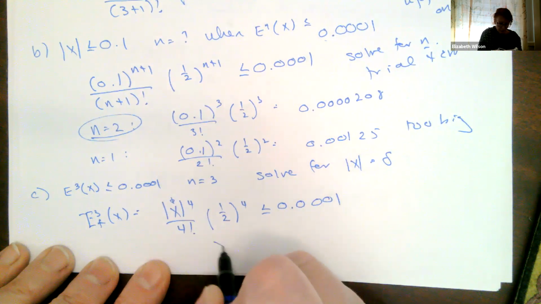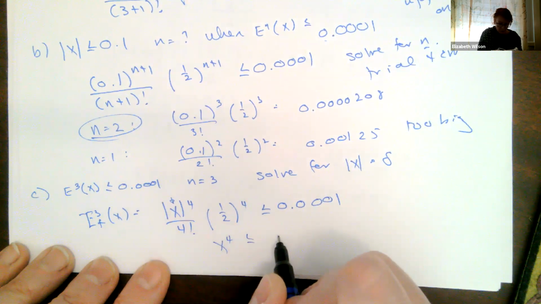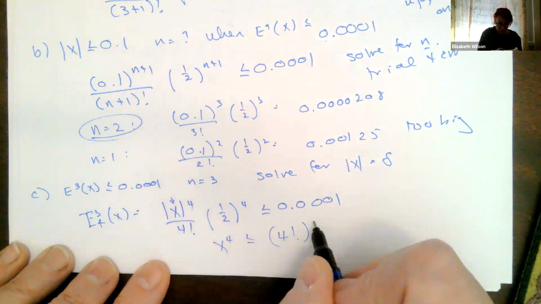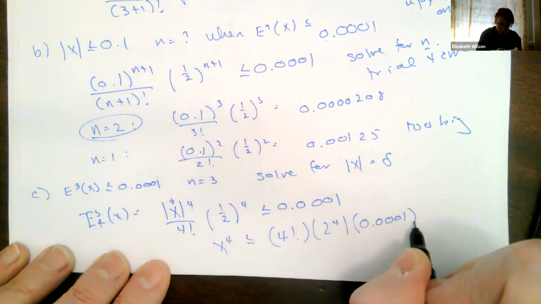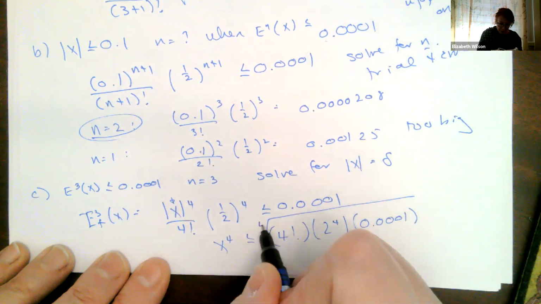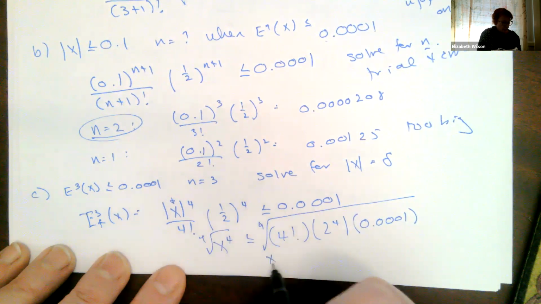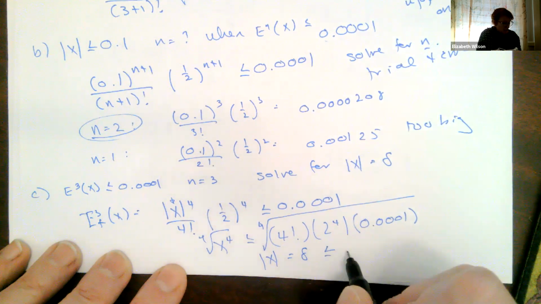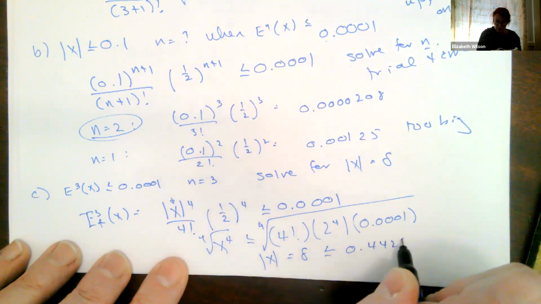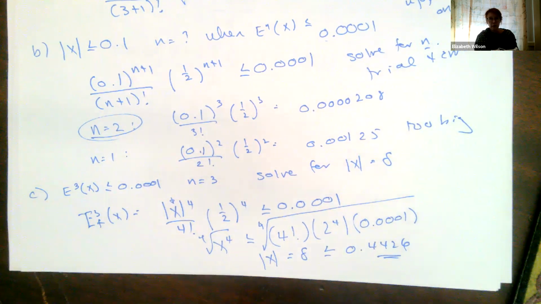I get x to the 4th less than 4 factorial times 2 to the 4th times 0.0001. I take the 4th root of everything, and I want the absolute value of x, which is my delta, to be less than or equal to 0.4426. So I can actually widen my range of values that I'm looking at.